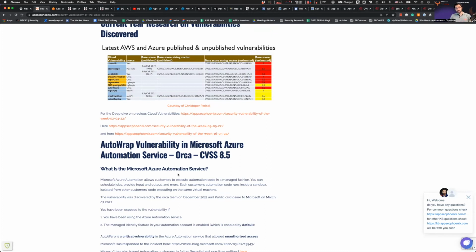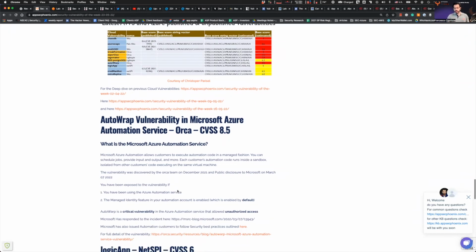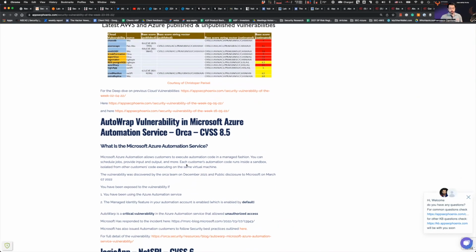There has been extreme attention on these kinds of platforms, and in this particular case, the team was exploiting the auto creation of accounts by Microsoft in the Azure Automation Service. So we're going to cover these two aspects from Logic App, NetSpeed and Orca.